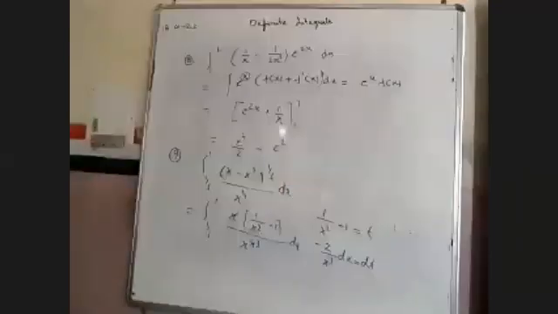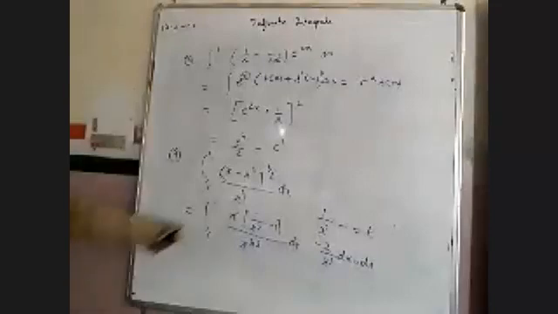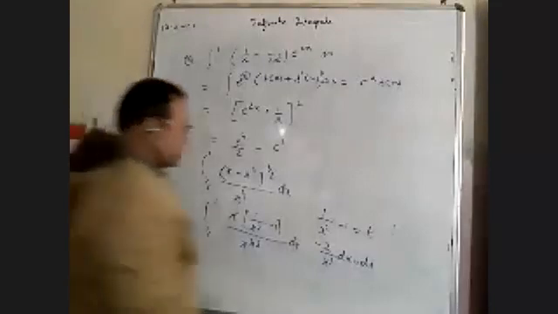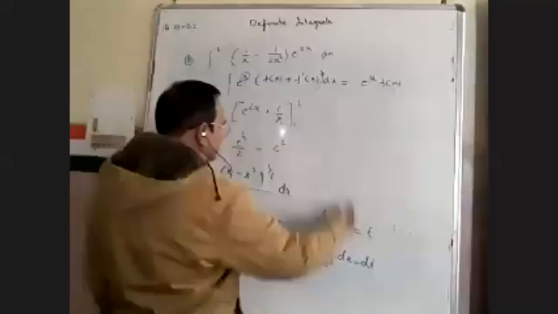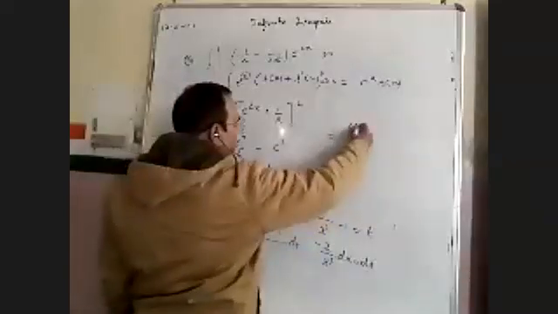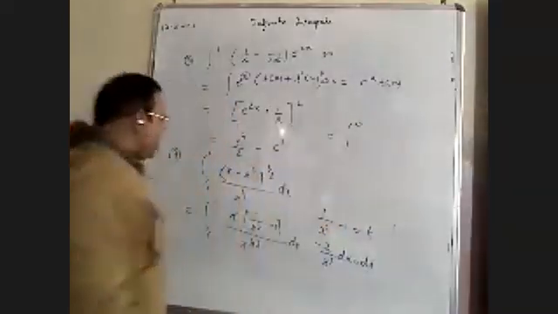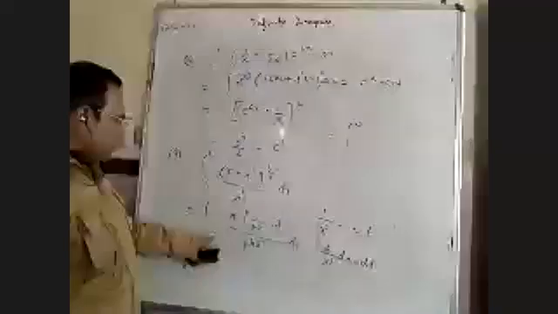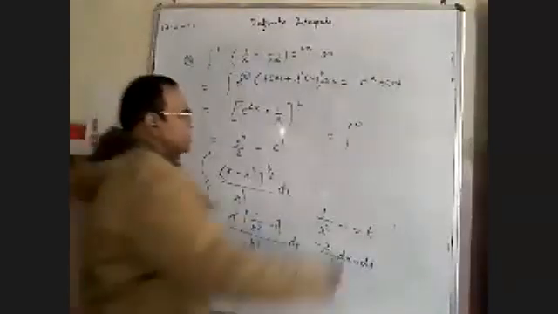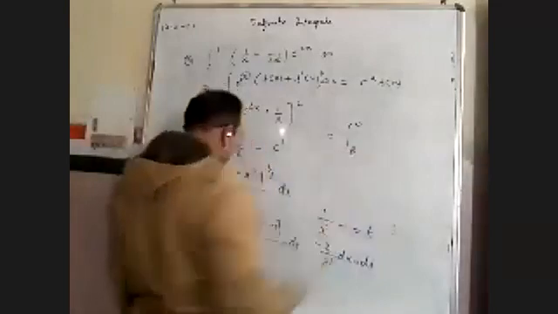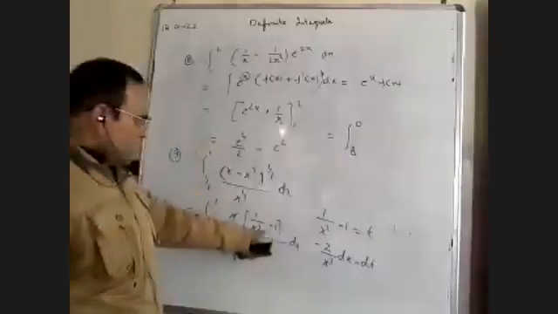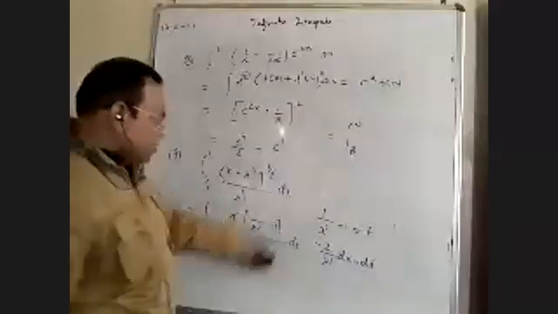You can change the limit also. If you put x is equal to 1, you will get t is equal to 0. If you put x is equal to 1/3, then 9 minus 1 it becomes 8. We are putting 1/x square minus 1 is equal to t.